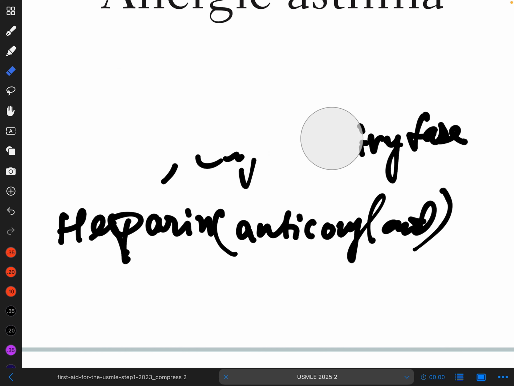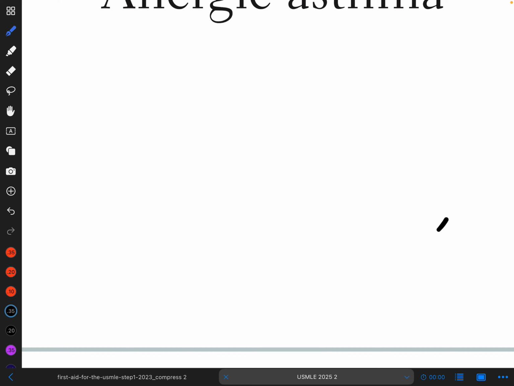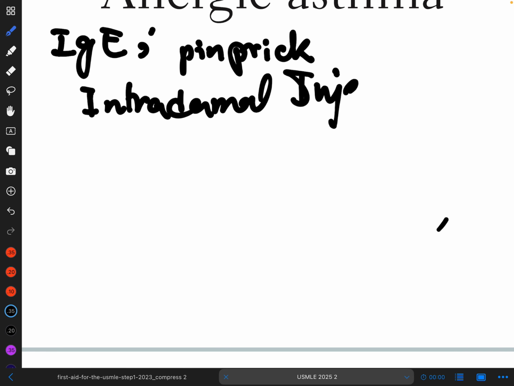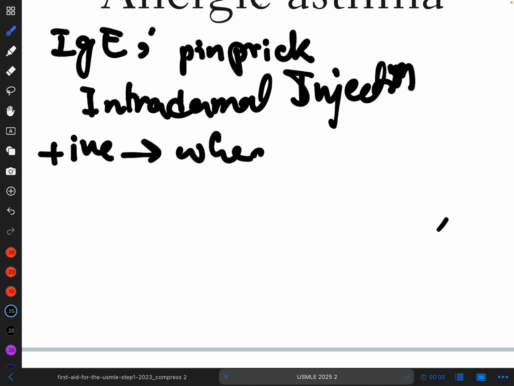For testing for type 1, testing for IgE, we do a puncture of the skin or pinprick, or an intradermal injection, and if there is a positive response, there will be wheal formation.